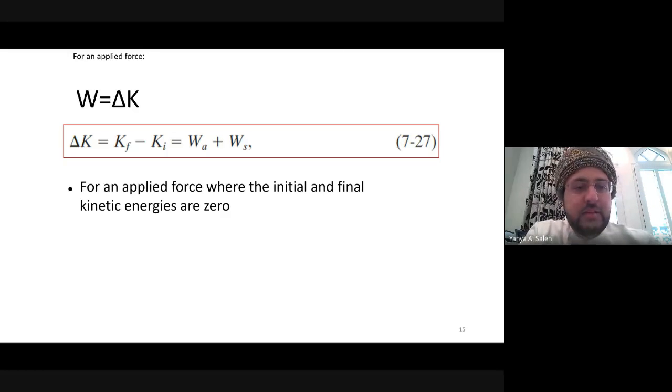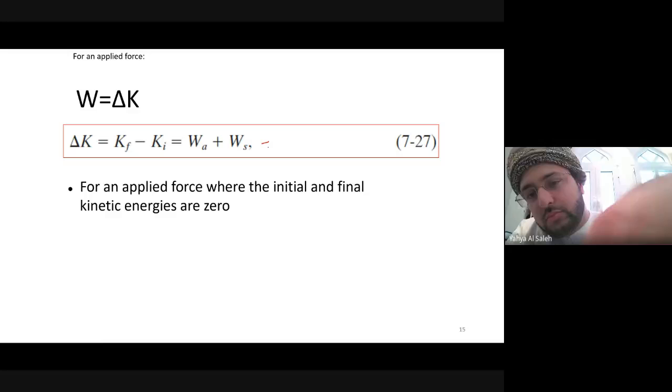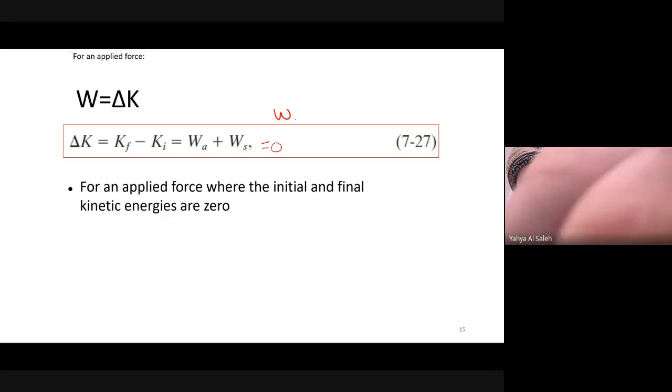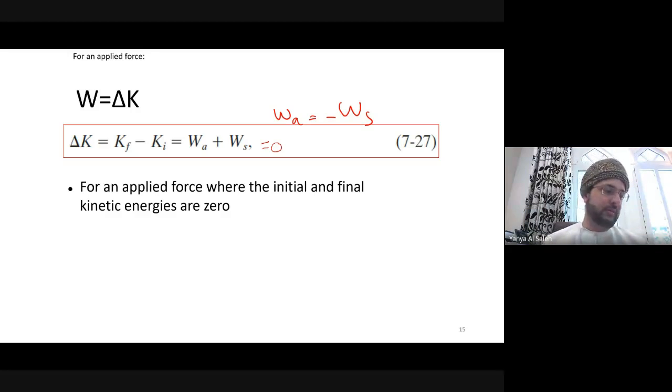If my delta k is equal to 0, then my applied work is equal to minus Ws. All the work that I put in has been used up to do the pulling, to overcome the spring pull.